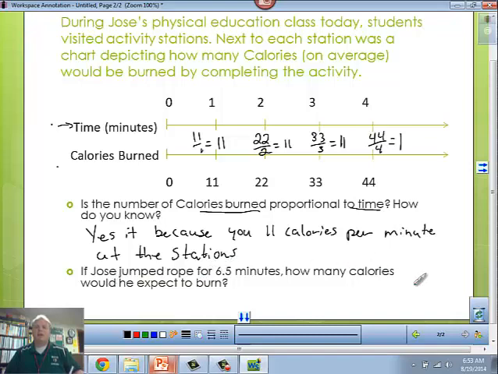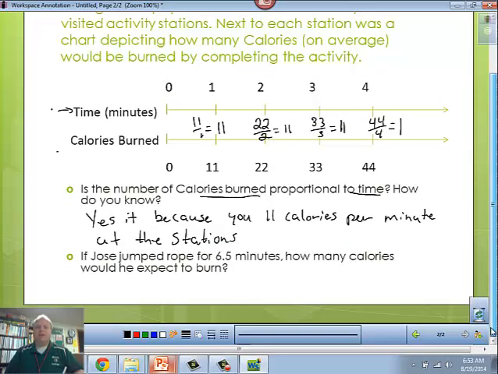Here's another question. If Jose jumped rope for 6.5 minutes, how many calories would he be expected to burn? If I take this same example, I know that he's going to burn 11 calories per minute. So I'm going to take 6.5 and multiply it by 11. 5 times 1 is 5. 6 times 1 is 6. Move it over. 6, and 5 and 6. I add 5, 11, 7. Bring my decimal point because I have a decimal up there.